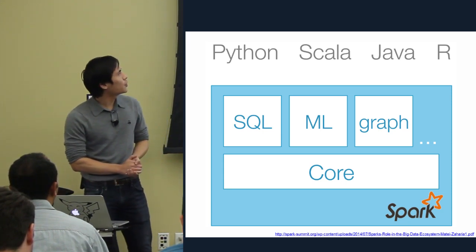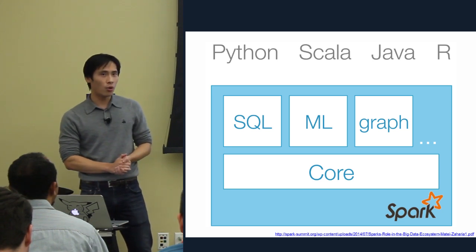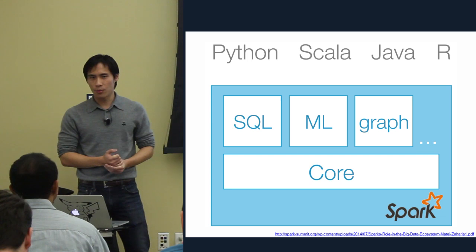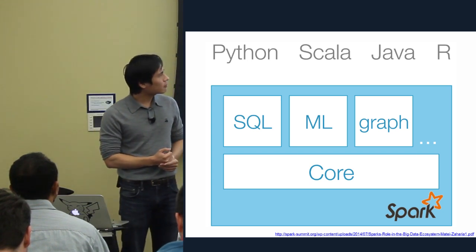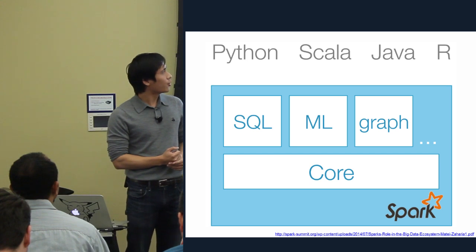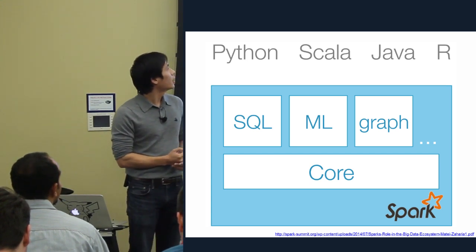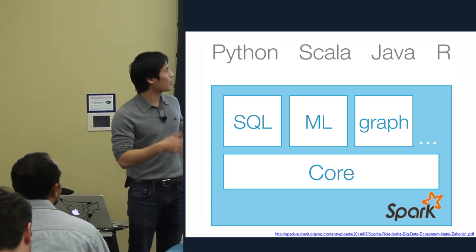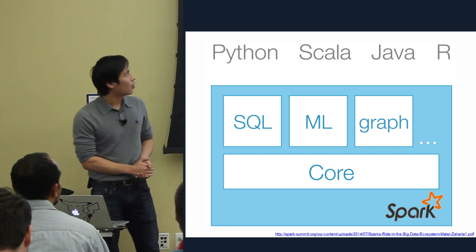So Spark is really split into two different pieces. One is the core, which is the core infrastructure with the job scheduler, with the interfaces, with all the various data storage engines. And then built on top of that core are various systems such as SQL, or Spark's complement to Hive, machine learning, graphs, streaming, all sorts of different stuff.